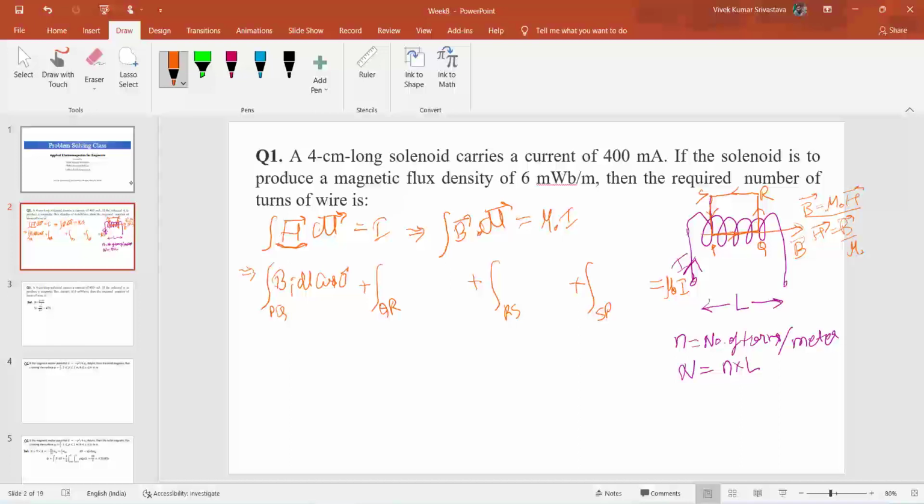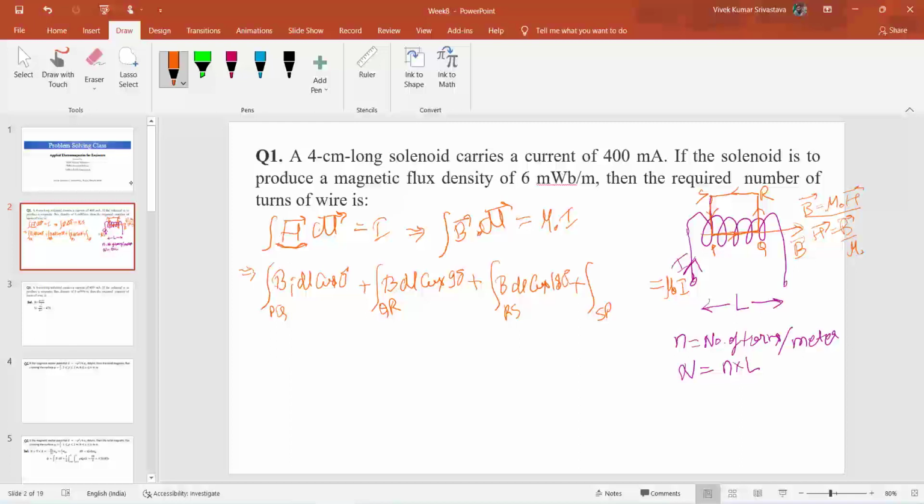Similarly, here we have B dl cos 90, because here the field is along the right side, whereas the differential length is orthogonal to the direction of B. Now along RS, the angle will be cos 180 degrees.